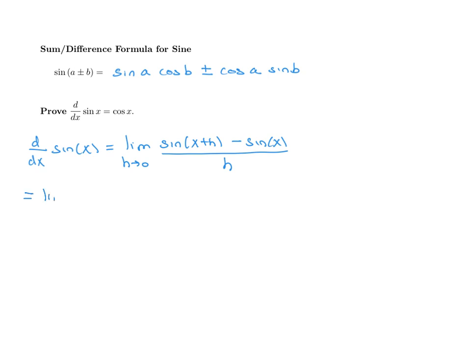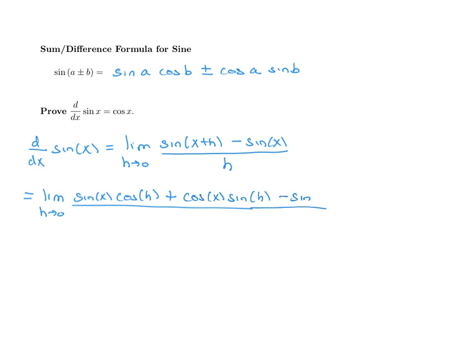This is the limit as h goes to 0 of, what's sine of x plus h? It's sine of x times cosine of h plus, so if you have a plus sign, then you use the plus sign, we get cosine of x times sine of h. And then we subtract sine of x.